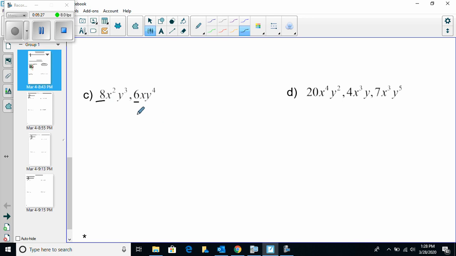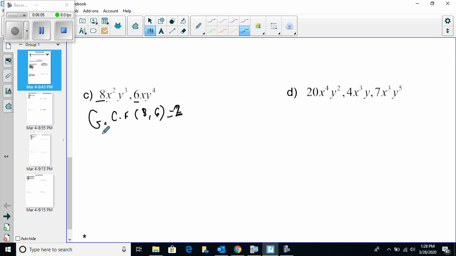So between 6 and 8, the greatest common factor is 2, because 2, 2, 2 are the factors for 8, and 2 and 3 are the factors for 6.